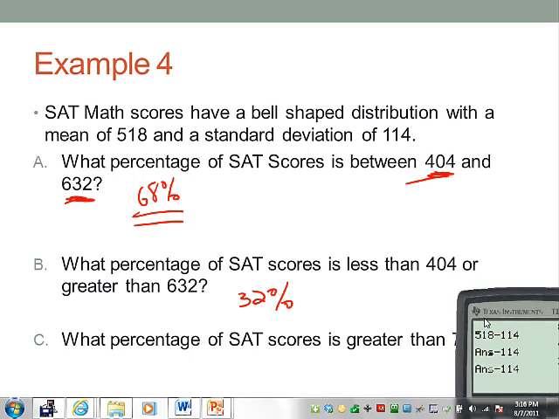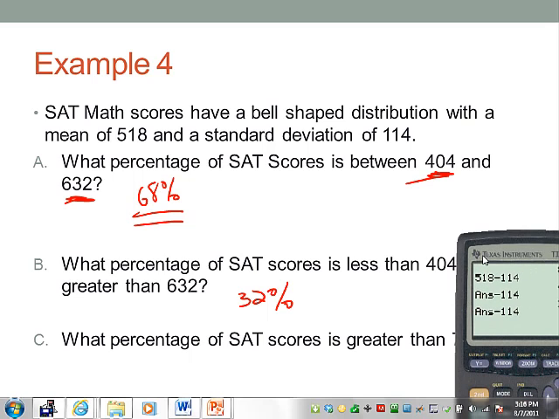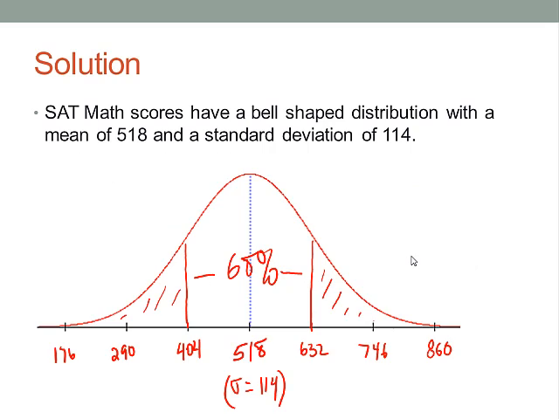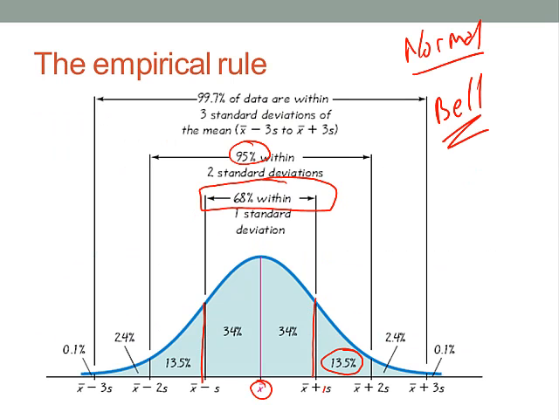What percentage of SAT scores is greater than 746? So let's look here. We're looking for this little piece right here. So greater than 746. We're looking for 2 standard deviations above the mean. We can go back over here.